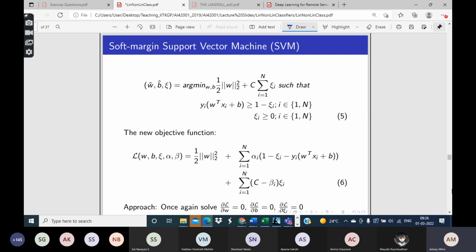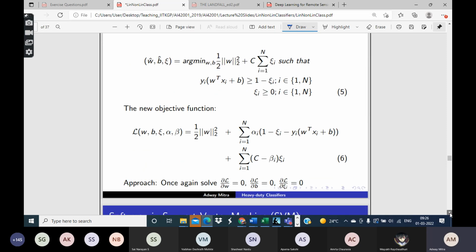Then I will rewrite the original constrained optimization in the following way. I want to minimize, so the structural constraint, the max margin constraint, remains unchanged. The constraint equations have changed like this.